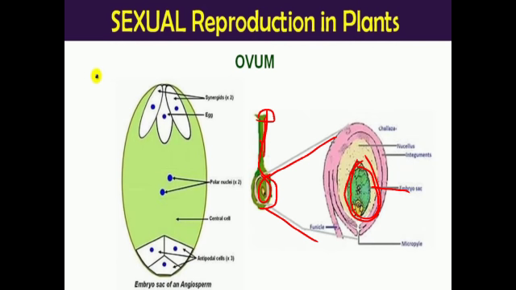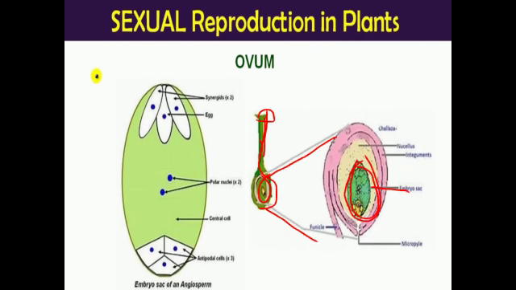Under appropriate condition means under appropriate temperature and pressure, and this process is known as germination. The seeds germinate, that is the germination process.